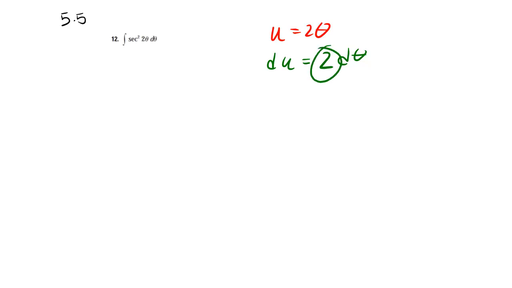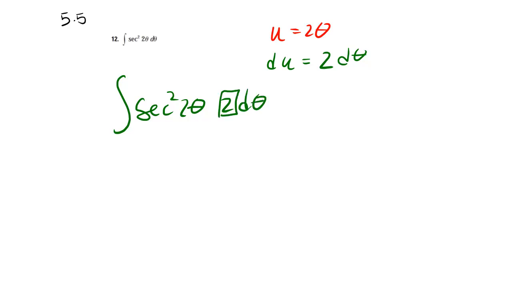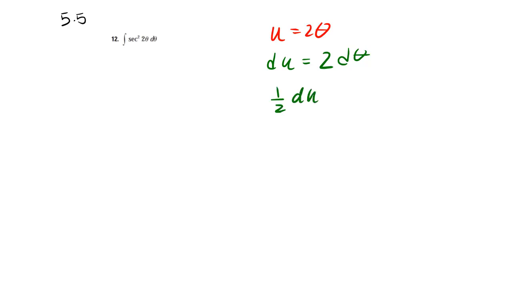I could divide by 2, since there's no 2 with that d theta, to get d theta by itself, or I could prepare this integral by writing it like this, where I'm going to want a 2 times a d theta. So if I'm multiplying by 2, I've also got to divide by 2. Now, the way we've been doing it in class, though, is simply writing du over 2, or 1/2 du, equals d theta, since I have a d theta in this problem.